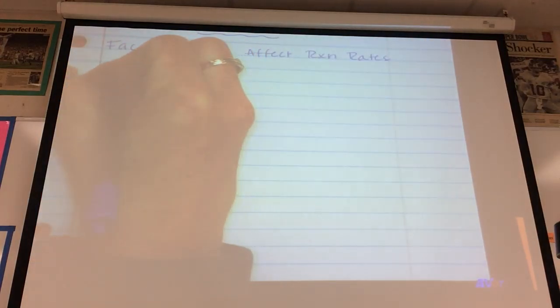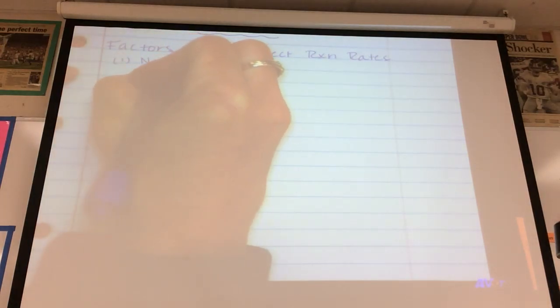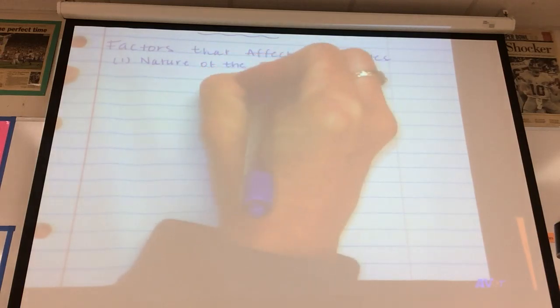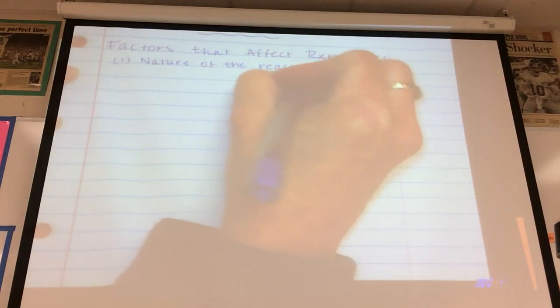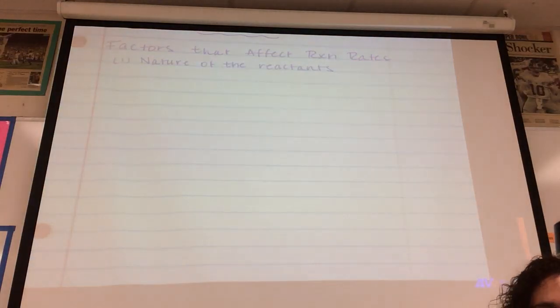First thing you want to consider is the nature of the reactants. The reactants must be compatible in order for them to react with one another. If you put an iron nail next to aluminum foil, there's not going to be any reaction between those. Metals don't react with one another.